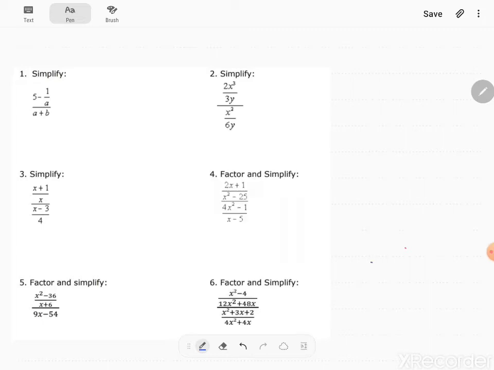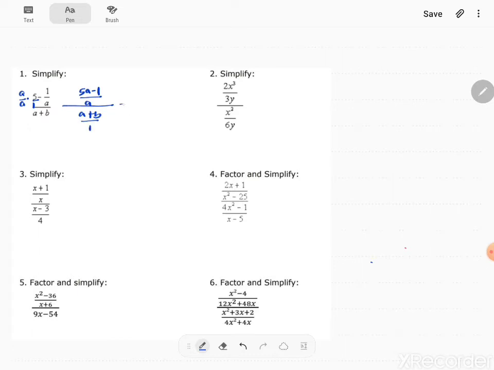So we are going to make it a single fraction by combining them. Following the operation that it needs here, you need to subtract. So we'll first multiply with a. So this will become 5a minus 1 with the common denominator a, and you have a plus b. So a plus b is actually a plus b over 1 if it is a fraction.